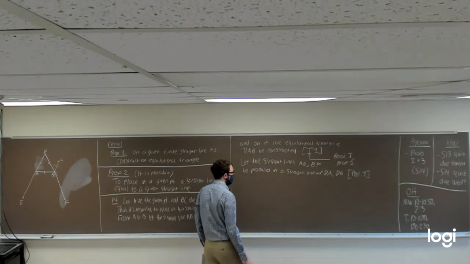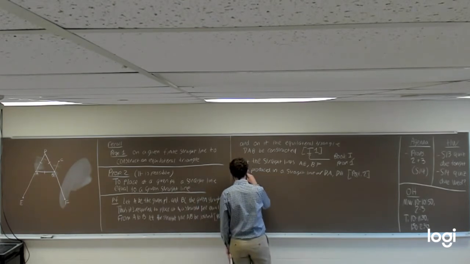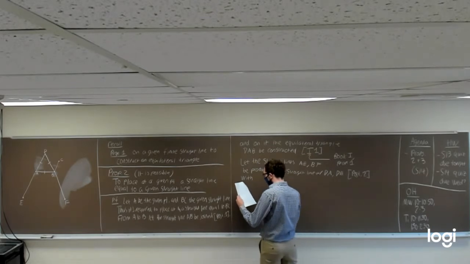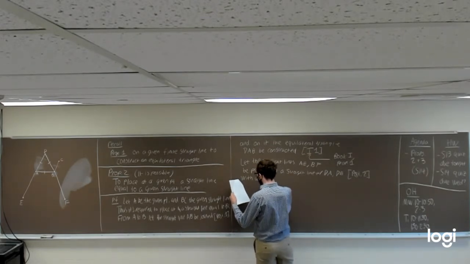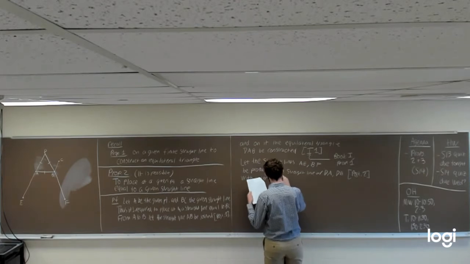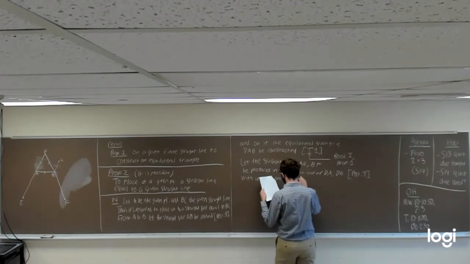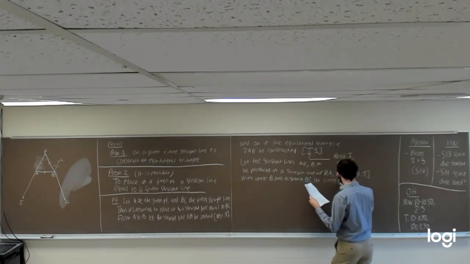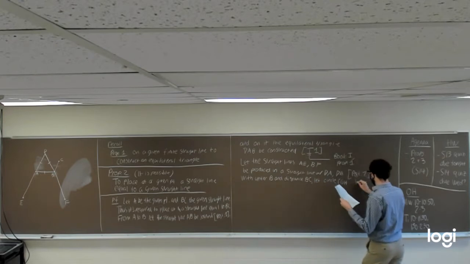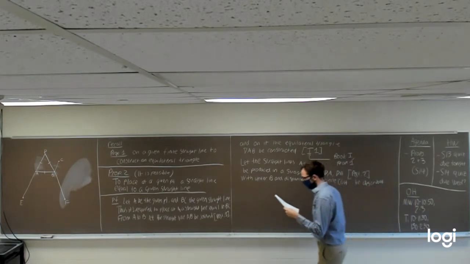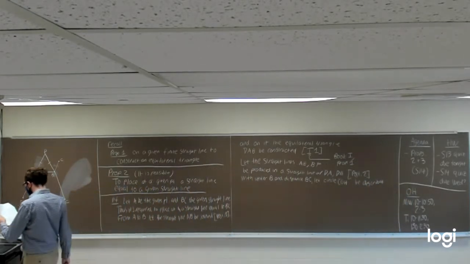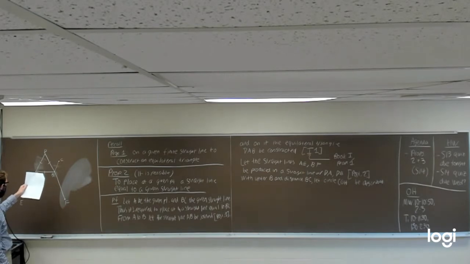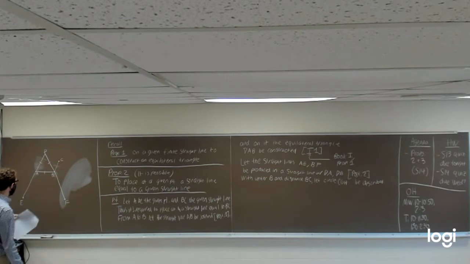So now that we have postulate 2, we're going to start drawing some circles. We're going to say, with center B and distance BC, let the circle CGH be described.